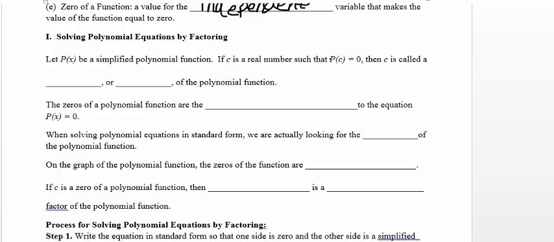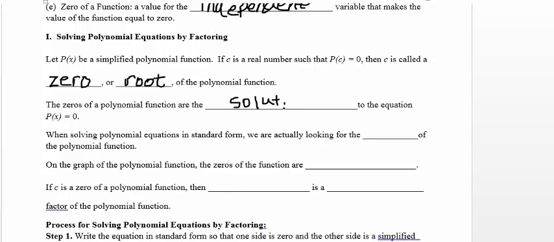So when we solve polynomial equations by factoring, if p of x is a simplified polynomial function, and c is a real number such that p of c equals 0, then c is called a zero or root of the polynomial function.